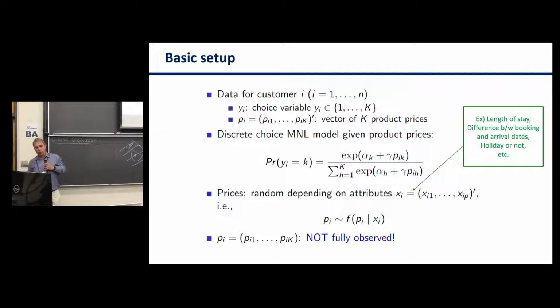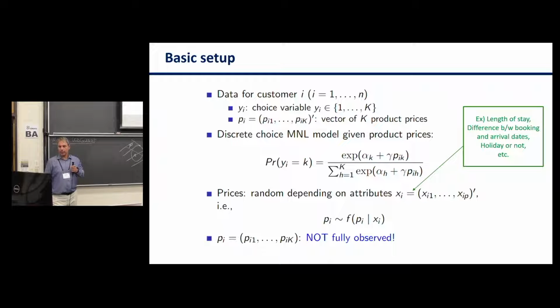So going into the data, we have a choice variable, and we have a vector of k product prices. A discrete choice MNL gives this well-known probability of the choice.